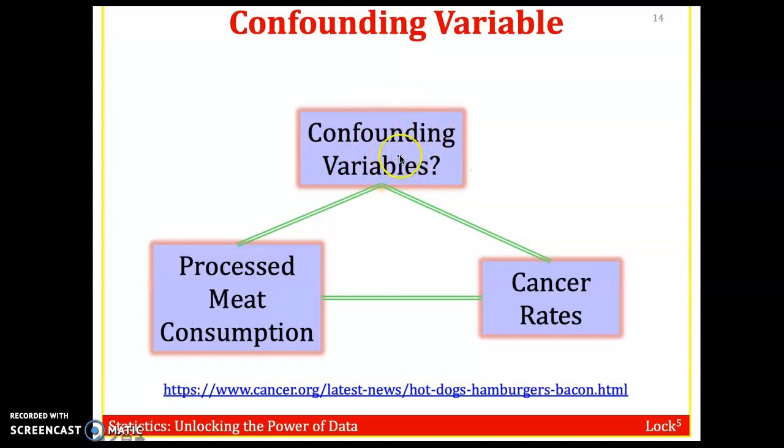There could be many other health variables that could lead to higher cancer rates. So in order to make a direct causal relationship between people who eat processed meat and cancer rates, you'd have to kind of control for those variables. Say, oh no, it's not actually that people who eat meat exercise less. It is the meat consumption that's leading to the cancer rates. And right now, this is still up for debate.